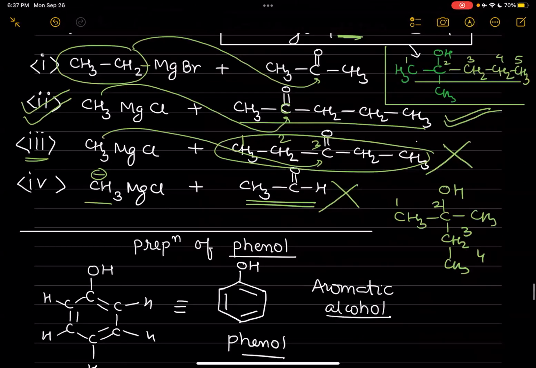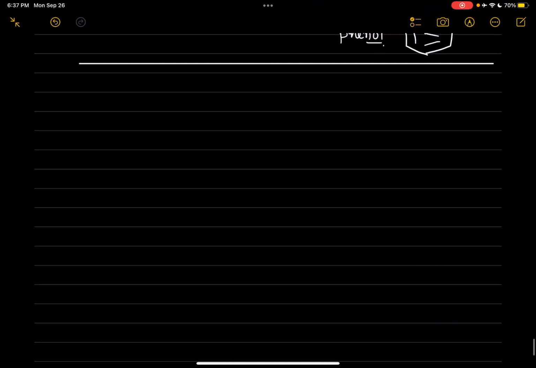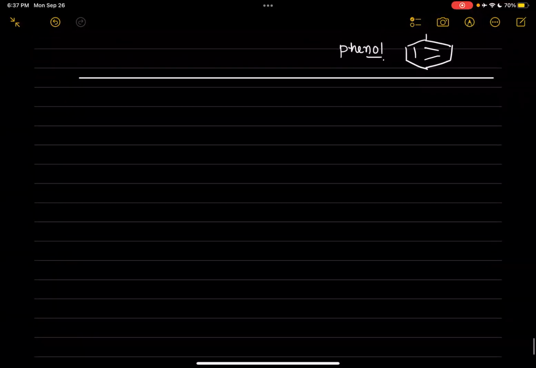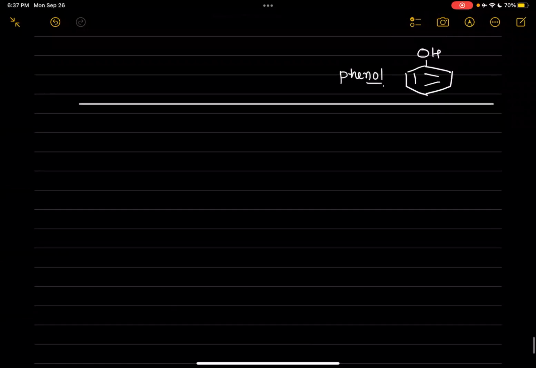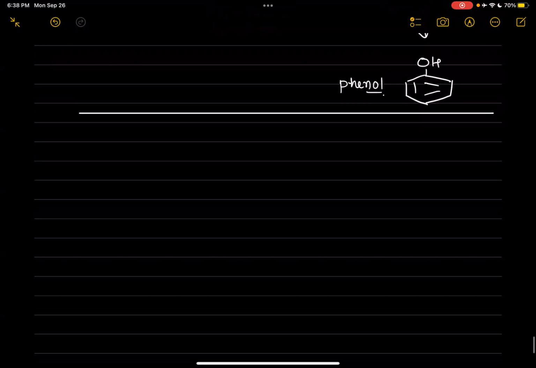Can you tell me? Anushka, Imad, Ryan, one more method which is very common for the preparation of phenol. Yeah, Anushka, remember the method for the preparation of phenol?